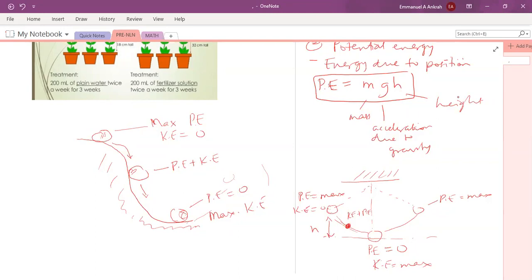For 43, this experiment uses the technique of A, fluorescence, B, photosynthesis, C, centrifugation, or D, chromatography. So what do you think here? I'm going to guess D, chromatography.